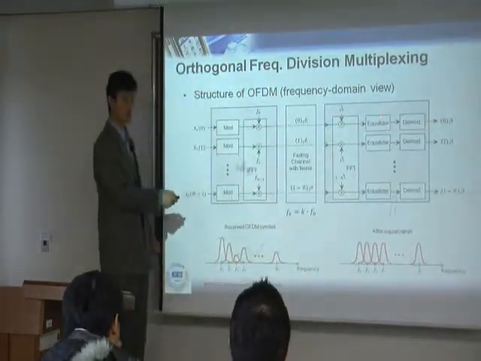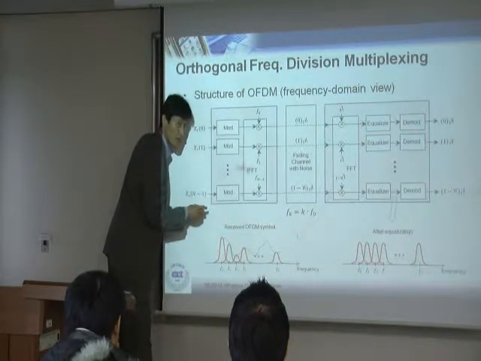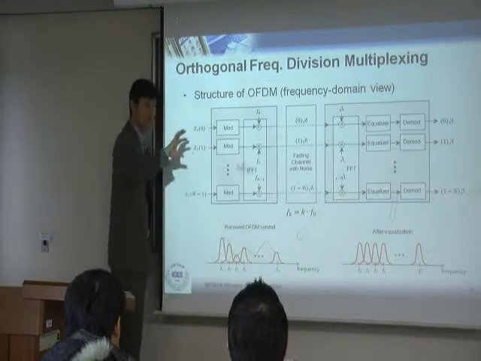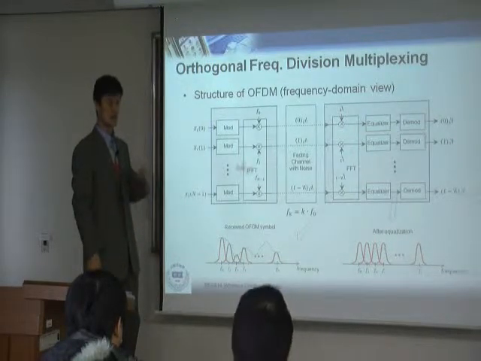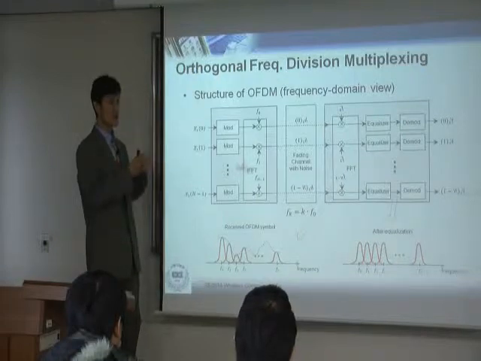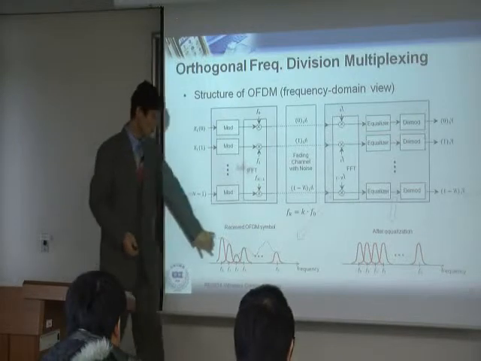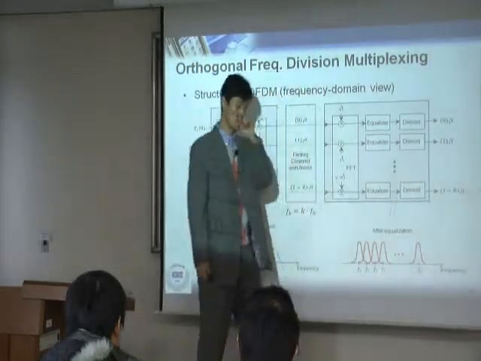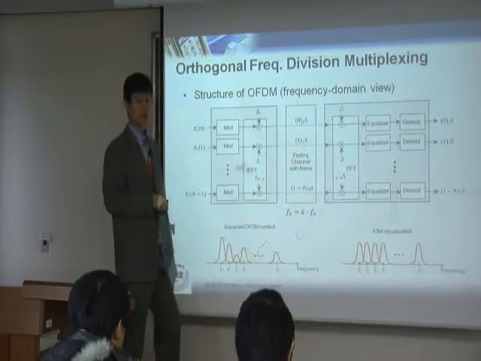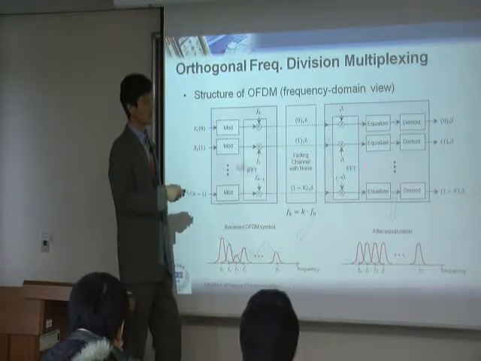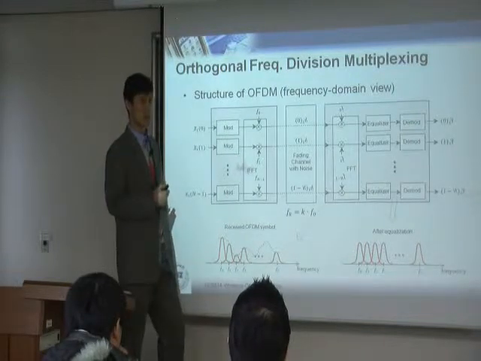It simply recovers by multiplying one tap, changing the size and rotating the phase. You multiply one complex value, and depending on its magnitude and phase, you recover this one into this one. So each equalizer is just a one tap equalizer, one complex multiplication. That's why the equalizer is generally very simple, one of the fantastic features of OFDM.